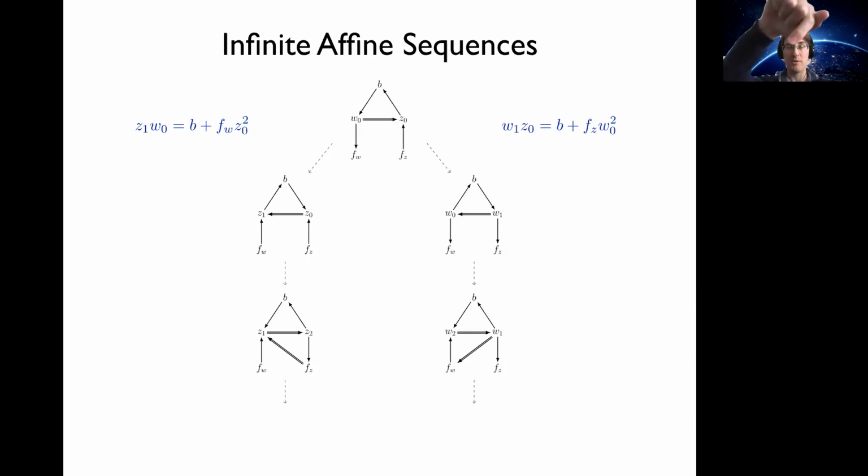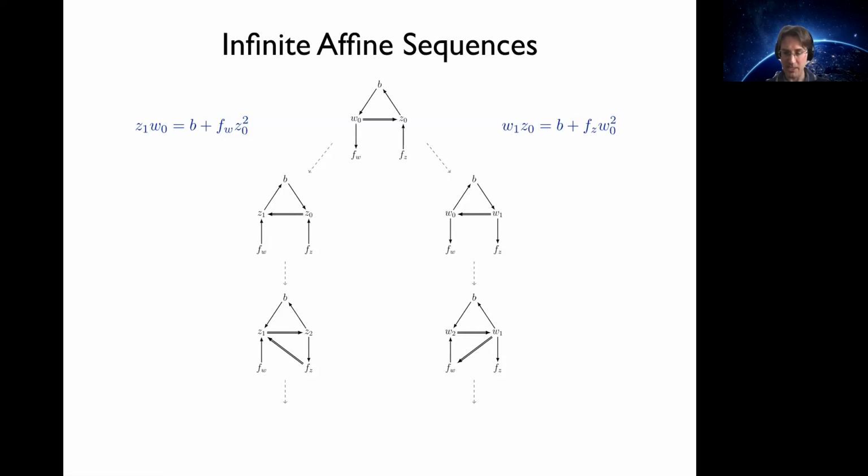If I mutate on Z0, I'll go down to the right, to the picture on the right. And these initial mutation rules are given at the top left and top right, respectively. And notice now that we get squares appearing, Z0 squared or W0 squared. That's because we have doubled arrows.